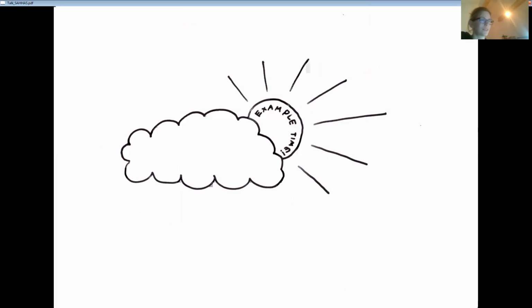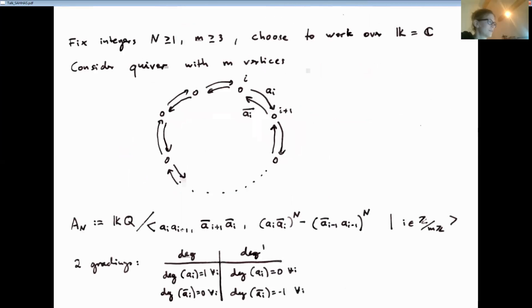This was also our starting point in our collaboration, to look really at how can we obtain the Gerstenhaber structure for the following example. So we fix some integers uppercase n and lowercase m, and we consider the quiver with m vertices.